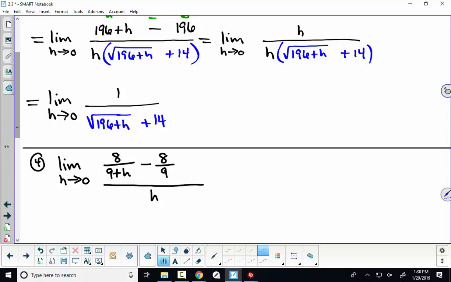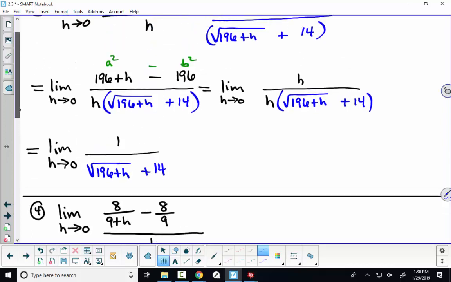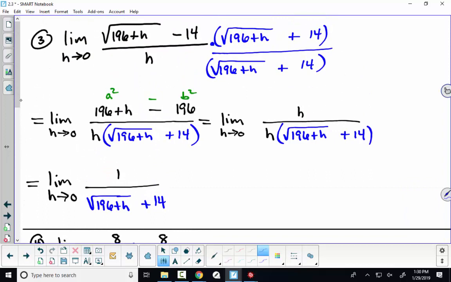For the conjugate, if you didn't have the minus 14, if you just had square root 196 plus h, can you do that as a conjugate? Would you do 196 minus h under the square root? Like if you just didn't have the negative. Oh, no, at that point, maybe we would try just multiplying it by itself, because when we multiply root by root, it goes away, right?